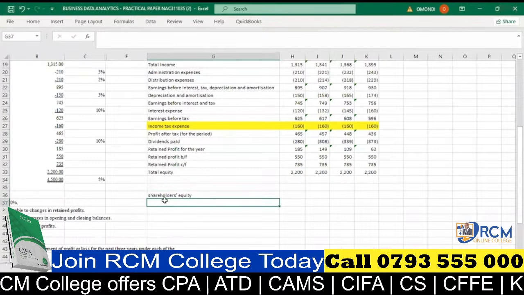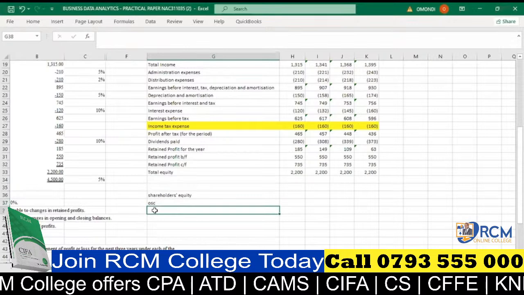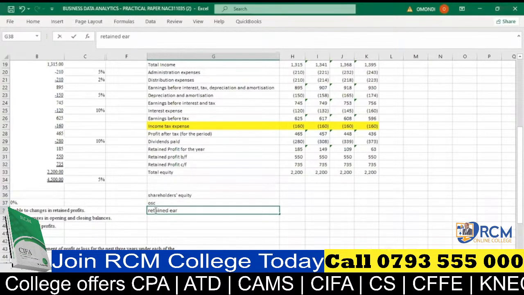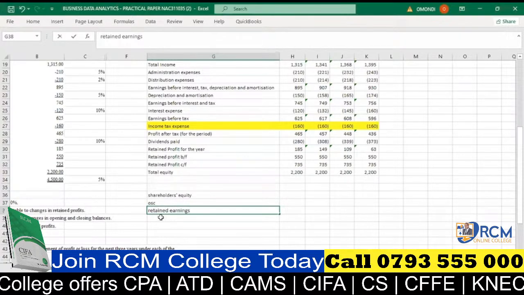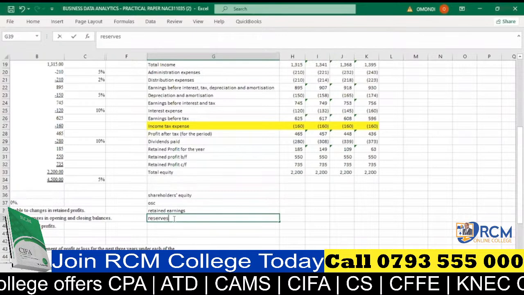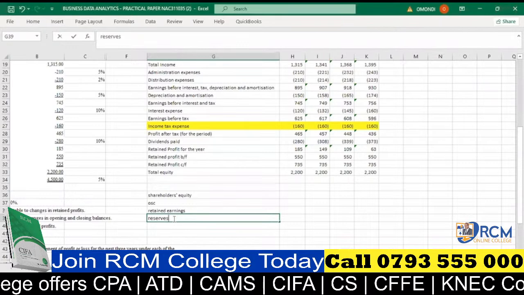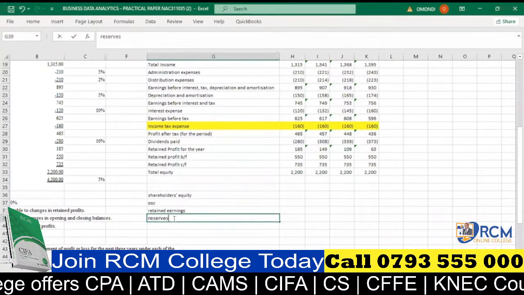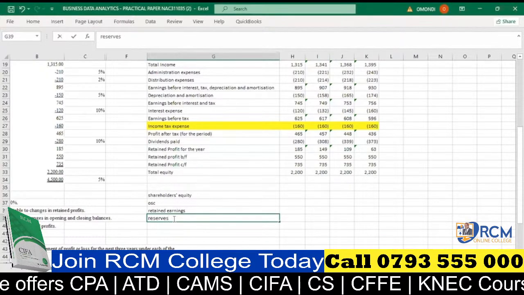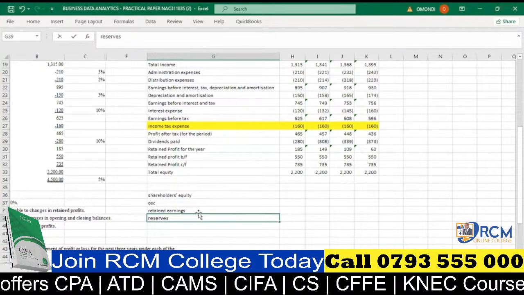We normally have ordinary share capital, then retained earnings, reserves, general reserves, share premium is also there, other comprehensive income.